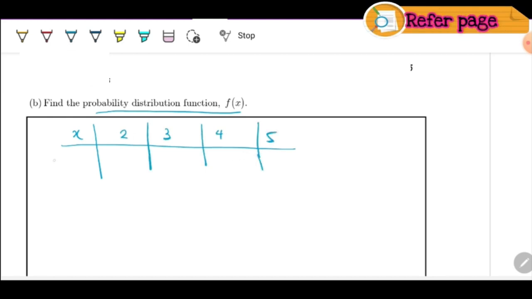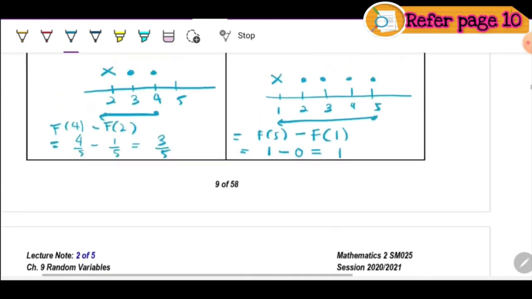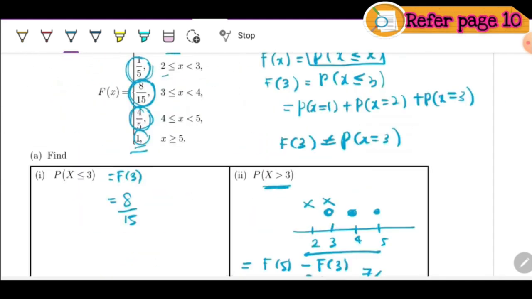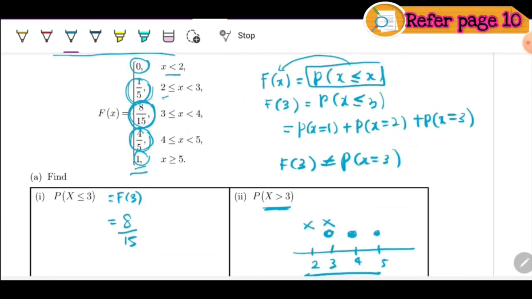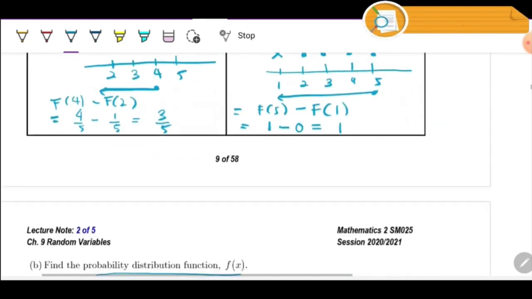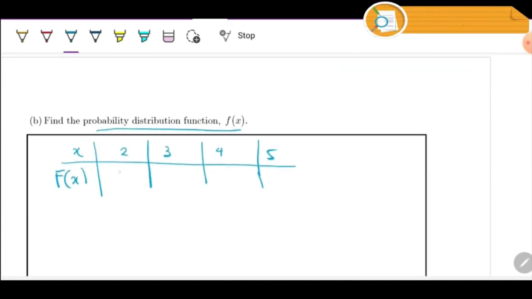The second row is for the CDF. Look at the function. F2 is 1 over 5. F3 is 8 over 15. F4 is 4 over 5. F5 is 1. So convert into a table. F2 is 1 over 5, F3 is 8 over 15, F4 is 4 over 5, and F5 is 1.